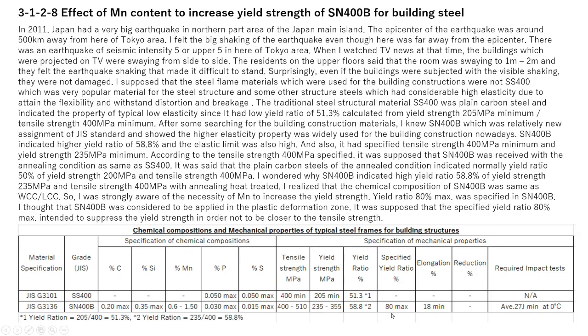An 80% maximum specified case is a rare case in the pressure retaining material area. But in the building construction material area, a yield ratio limitation of 80% maximum is specified.